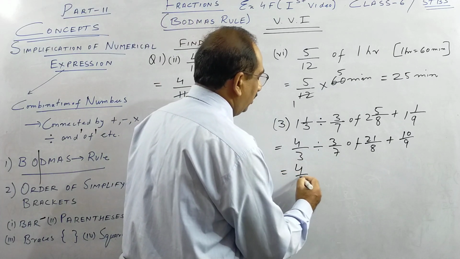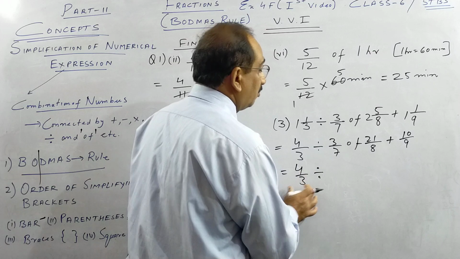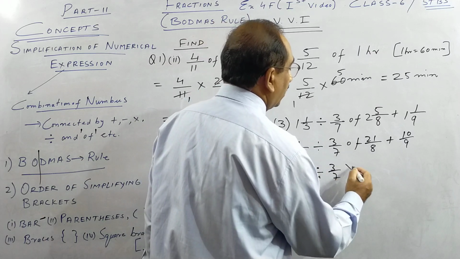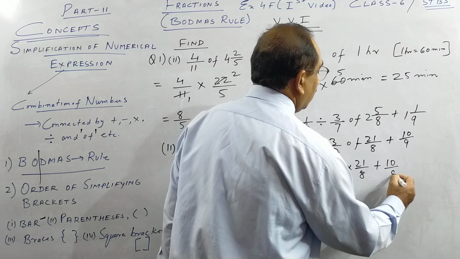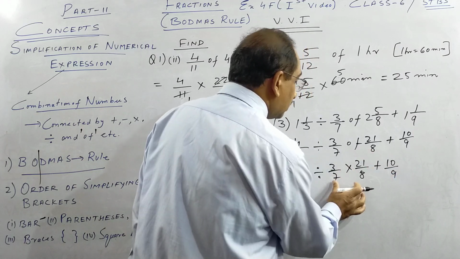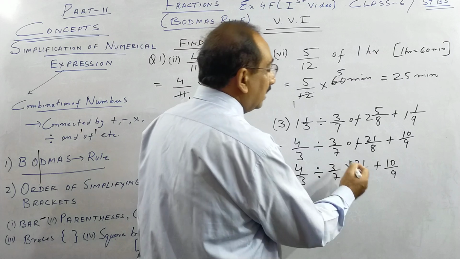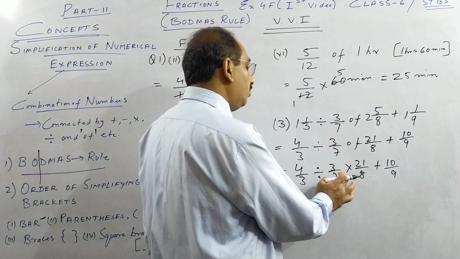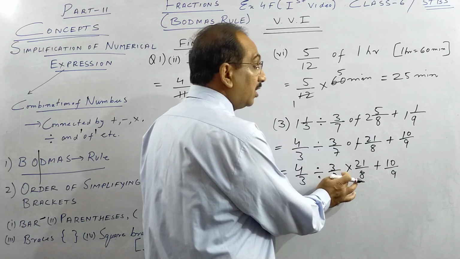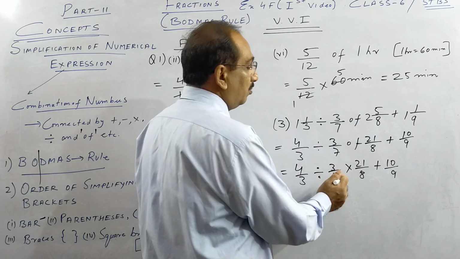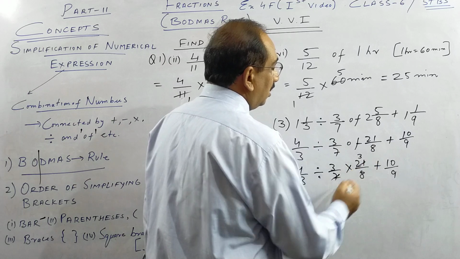First step I will do: let division remain division, and of becomes multiplication. At the same time we do this first because this is of. You can cancel with of also, no problem, but generally we convert it into multiplication. You could have written of here, remember, without any problem. 7 3s are 21.